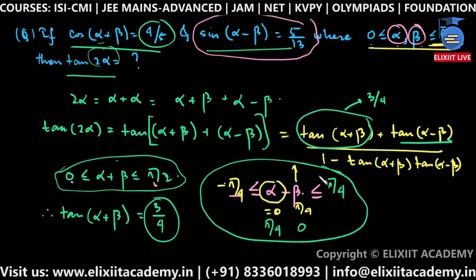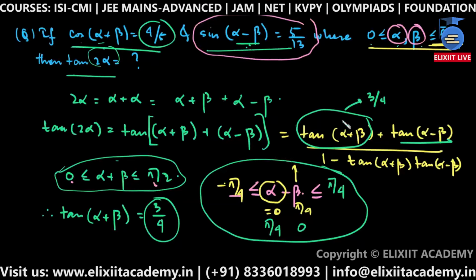But in this case, minus pi by 4 to pi by 4 is fine, but the problem is sine of alpha minus beta. If you see sine of alpha minus beta, this thing is positive. It is given to be positive.